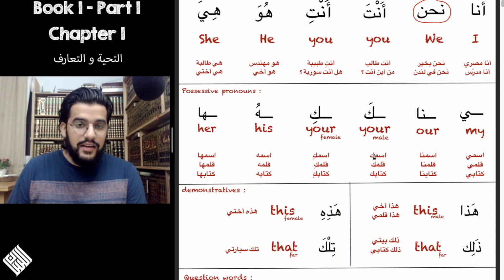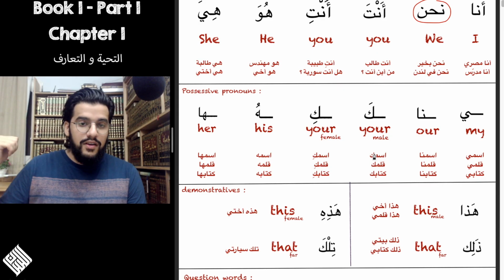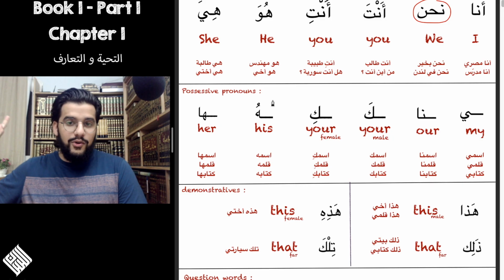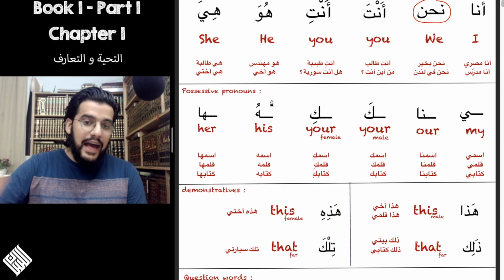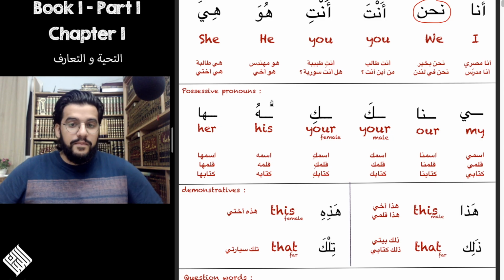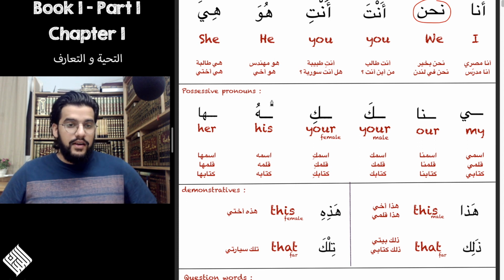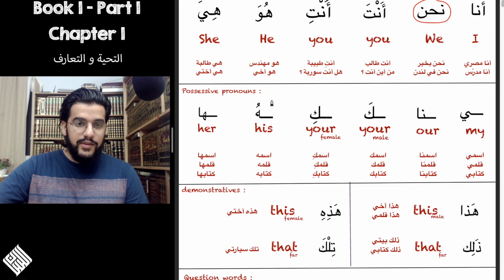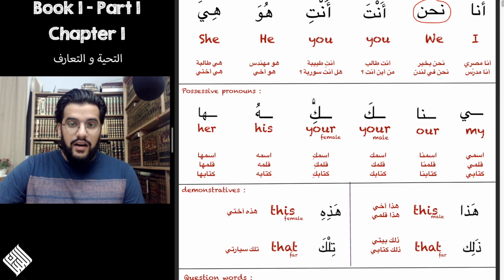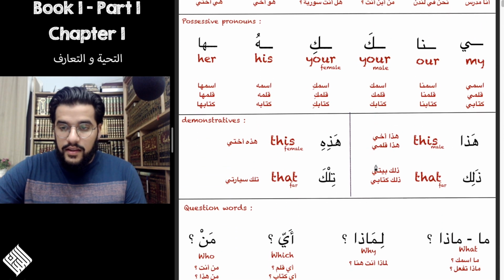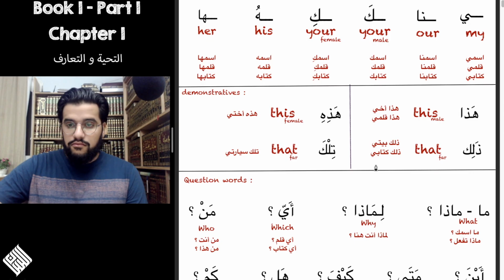Ismuki, qalamuki, kitabuki for female. Then kitabuhu, who is his, right? Baytuhu, his house, rabbuhu, his Lord. And the ha, of course, is her: qalamuha, her pen, kitabuha, her book. Alright, make sure you got these covered because these, of course, are essential words that we cannot afford not to know.